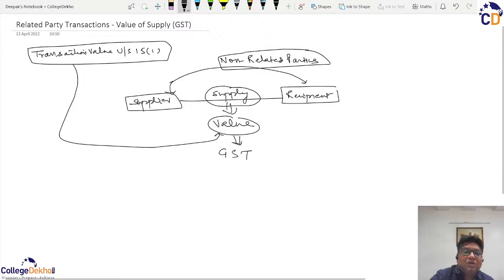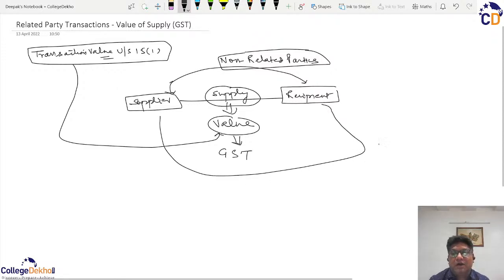The focus at the moment is on the concept that this supplier and this recipient have to be non-related parties. Only then will the transaction value under section 15 subsection 1 be deemed as the value of supply. So the point arises that if somehow this supplier and this recipient are related parties, the question will be, what actually are related parties?